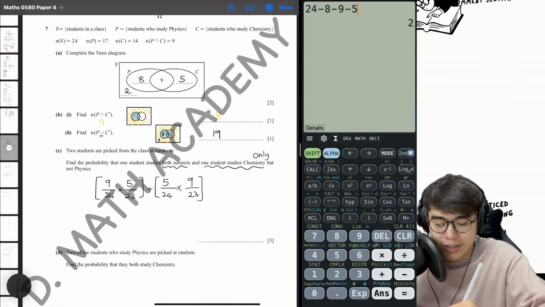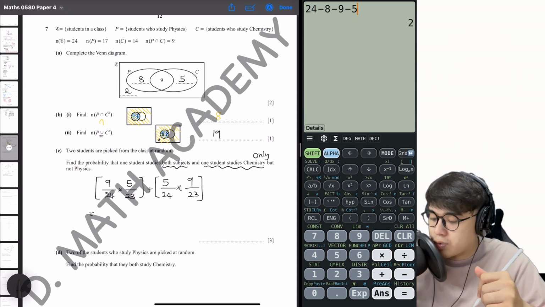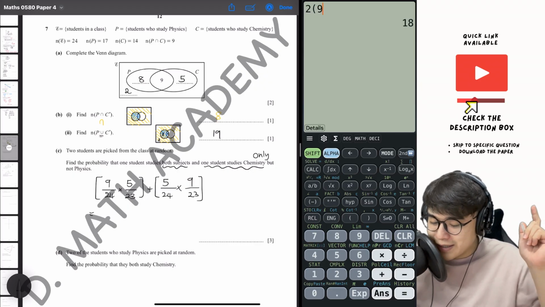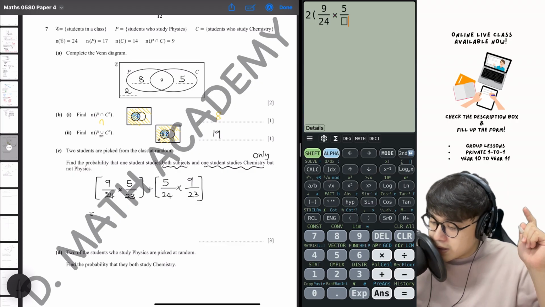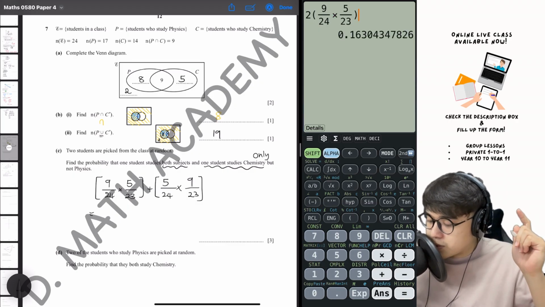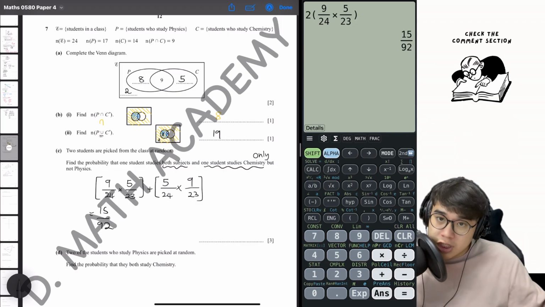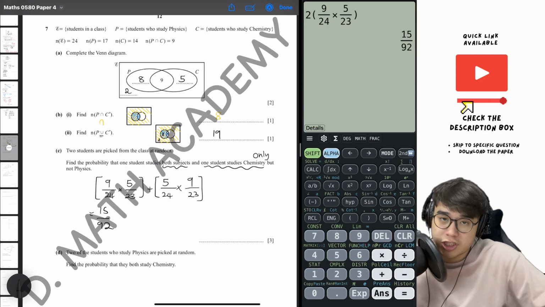Or some students like to straight away just multiply it by 2. When I do that on my calculator, I won't be using that as part of my workings here. So you will get 15 over 92. And like I mentioned, I prefer to keep probability answers in fraction.